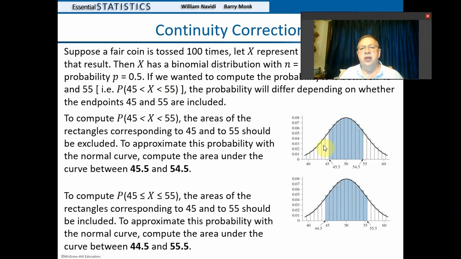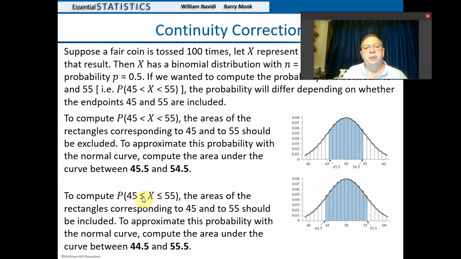So here's a picture. Here's the 45 and the 55, and the areas of the rectangles corresponding to 45 and to 55 should be excluded. To approximate this probability with the normal curve, compute the area under the curve between 45.5 and 54.5.